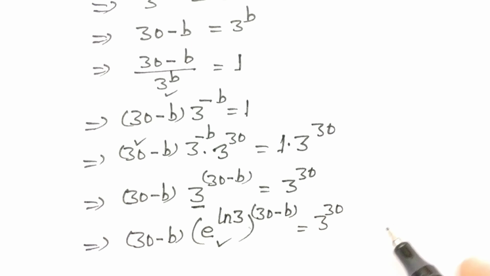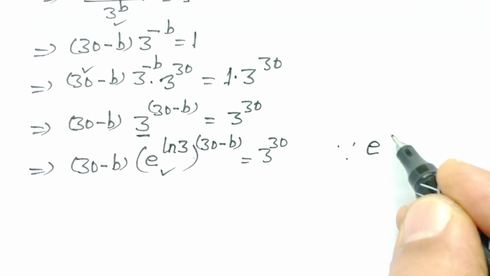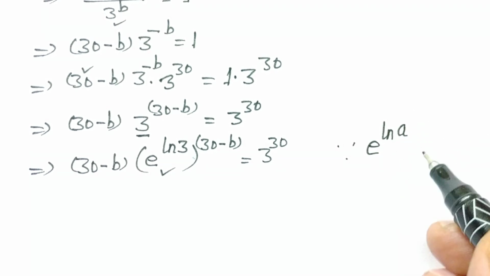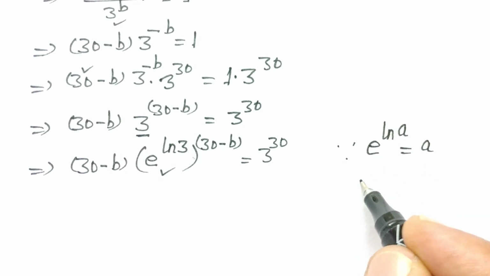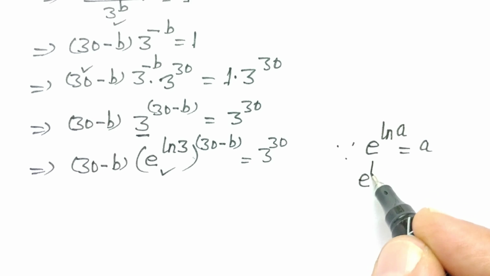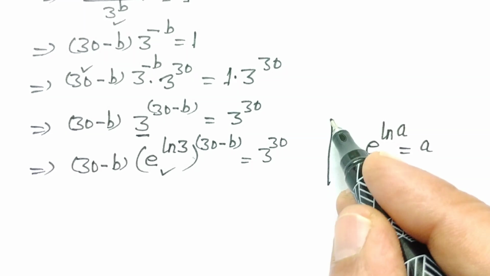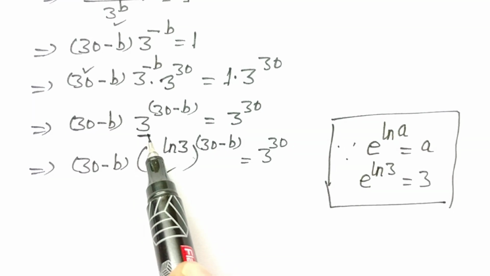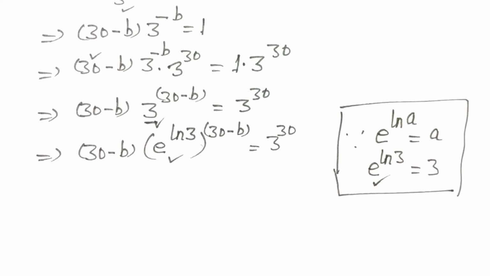Here we have written this because e to the power natural logarithm of a is equal to a, right? So e to the power ln 3 will be equal to 3, right? So in place of 3 we have written this. Fine.